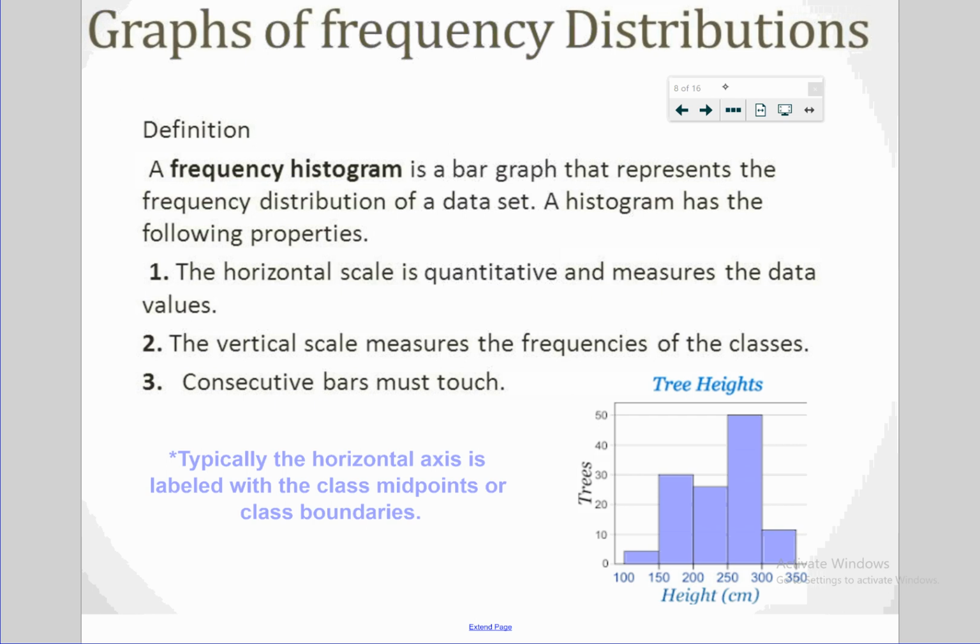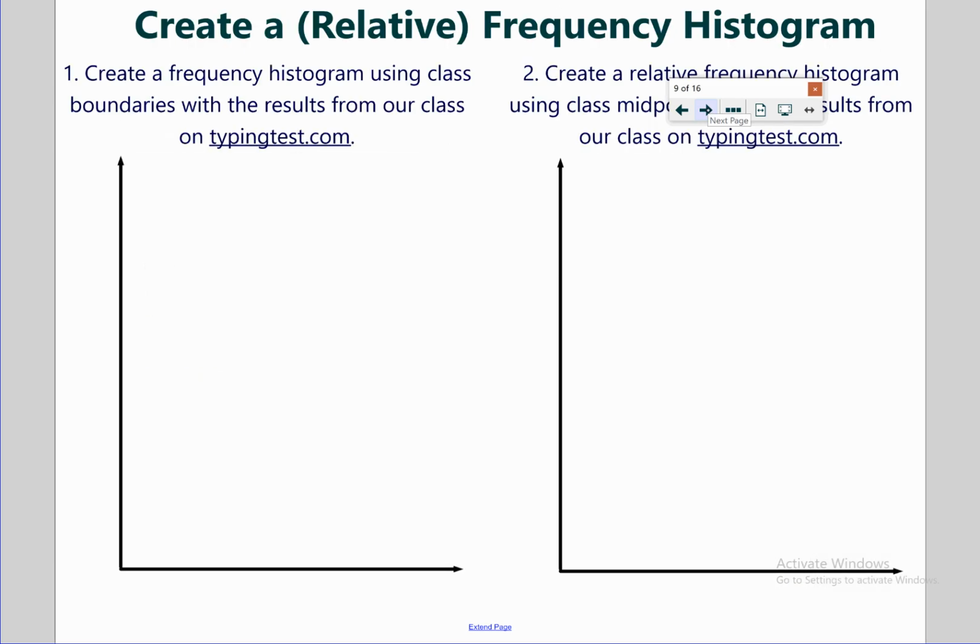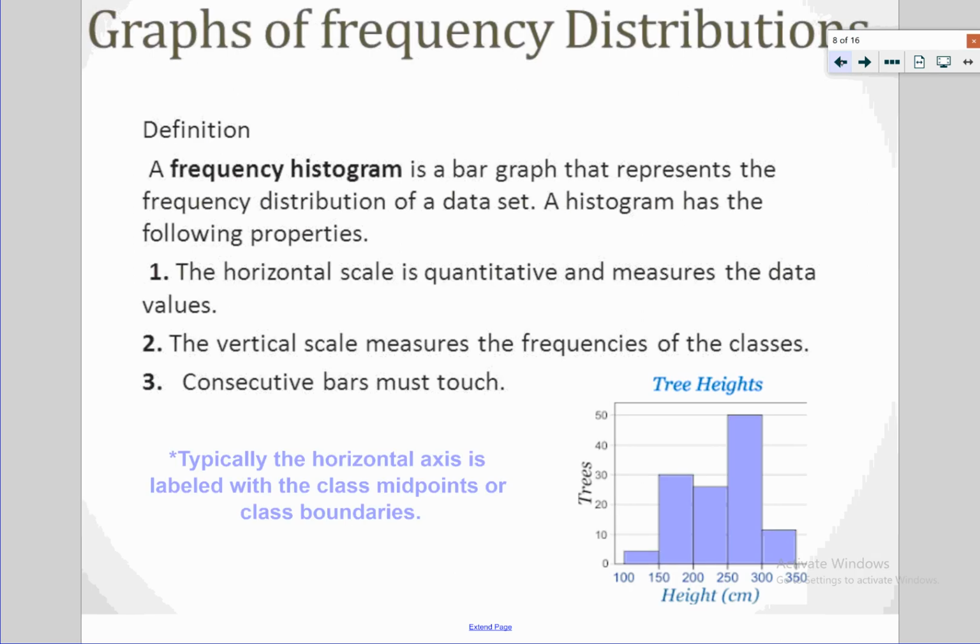Okay, so if you flip your paper over, we're going to make one of these. Actually, we're going to make two so you can see the difference between a frequency histogram and a relative frequency histogram. The first one, we're going to use class boundaries with the results from our typing test. I'm going to have to flip back and forth, so forgive me.